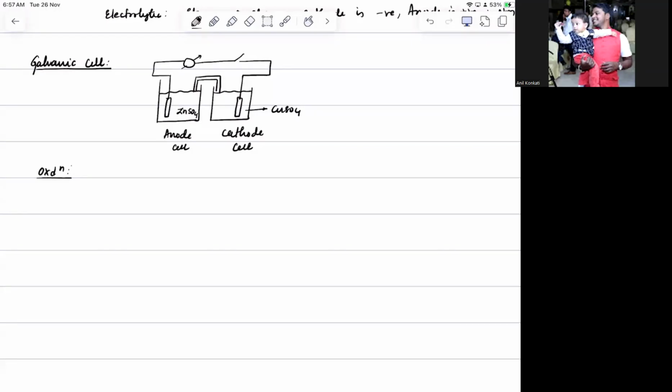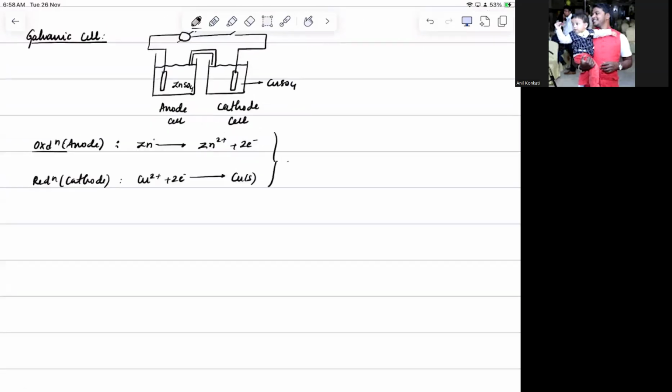So at anode, oxidation will take place where, let's say, zinc is getting oxidized to Zn2+ plus 2 electrons, while reduction takes place at cathode, where Cu2+ is accepting those electrons to convert into copper solid.